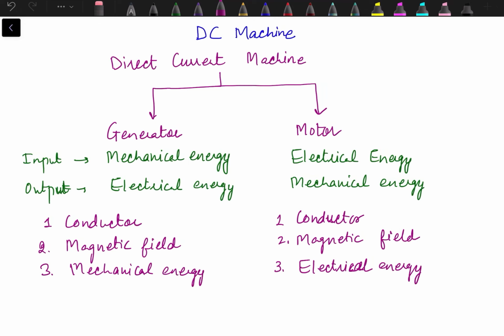Direct current machines have DC output because they have a mechanism of converting the AC to DC at their terminals, and that mechanism is known as commutating action, which is achieved through a commutator. So the commutator is the one part of the DC machine which differentiates it from the rest of the AC machines.